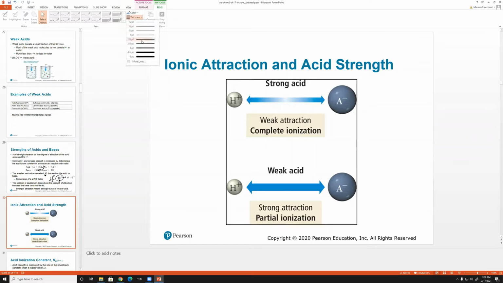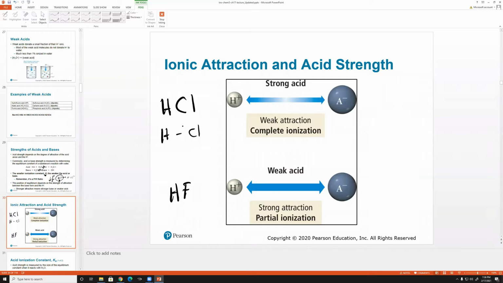So an example of this is HCl. We're going to compare our two hallmark strong and weak acids, HCl and HF. The reason why HCl is a strong acid is because the bond between H and Cl is much weaker than the bond between H and F. If you look at polarity, H has an electronegativity of 2.1 and Cl is 3.5. Obviously, it's a largely polar molecule, but being polar just means it can dissolve in water.